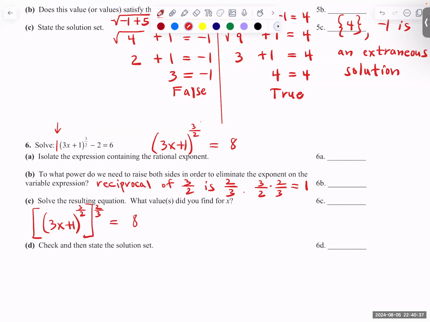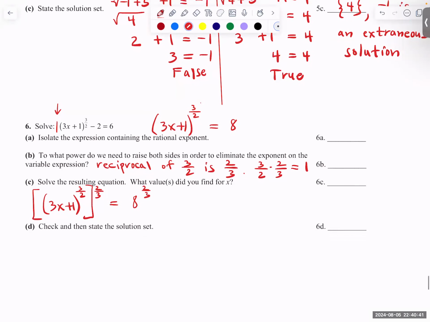And do the same to the other side, raised to the 2/3 power. So that gives 3x plus 1 quantity raised to the first power, because you're going to get 6 over 6, which is equal to 1. So you can just leave that out altogether. It's understood it's going to be an exponent of 1.